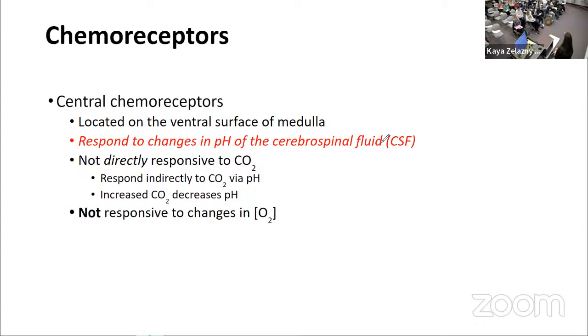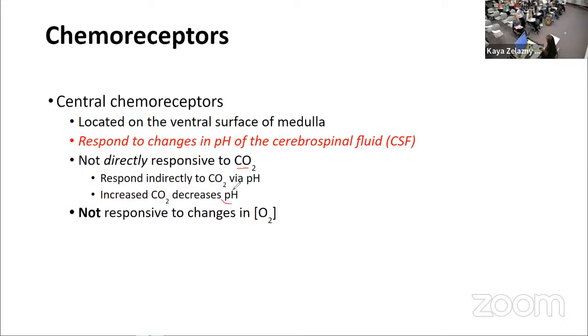That is the one that we are adapted to sense more. There are some technicalities about how exactly they do that because we have the blood-brain barrier and we're really regulating and controlling what comes in contact with your brain. It happens to be the case that they're not actually responding directly to the carbon dioxide.